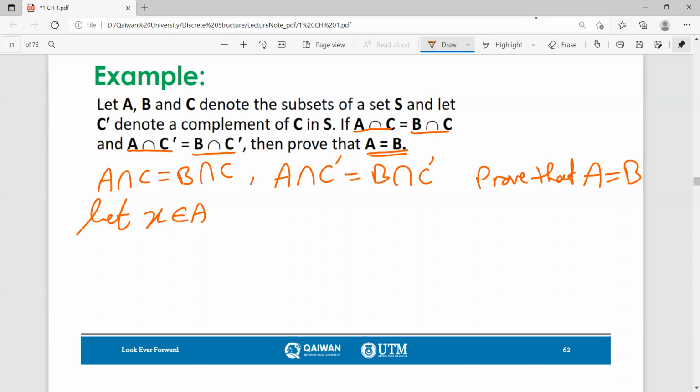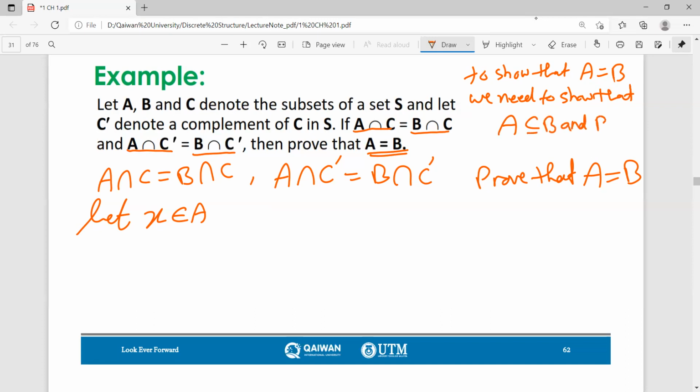So to show that A equals B, we need to show that A is a subset of B and B is a subset of A. If we have two sets and each of them is a subset of the other one, it means that these two sets are equal.